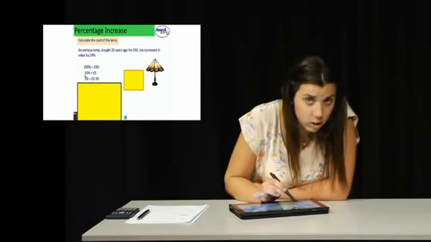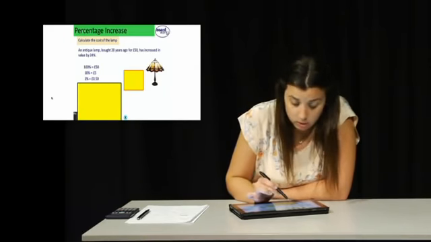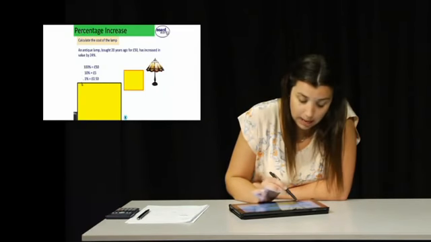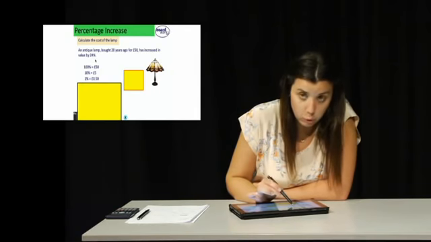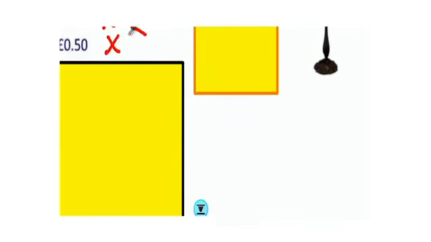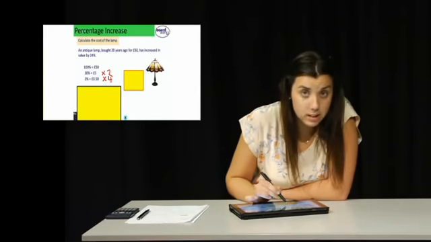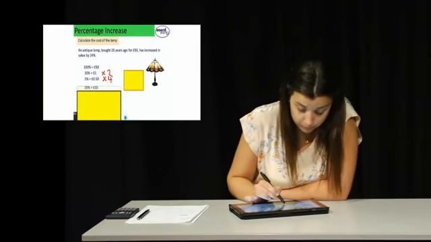72. I need 7 lots of 10, 2 lots of 1. 33. 3 lots of 10, 3 lots of 1. So that's a really good base to be able to work out any percentage that you're asked. In this case, we're asked for 24%. So I need 2 lots of 10%, make my 20%, and I need 4 lots of my 1%. So 2 lots of 10% is going to be 2 lots of £5, which is £10.